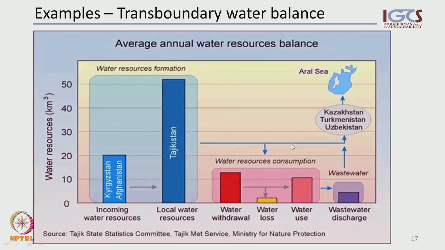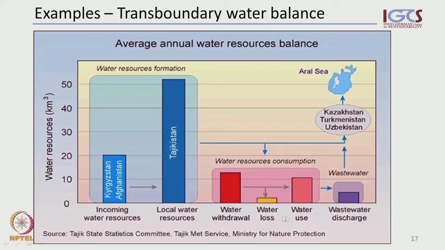Then we have this blue flow indicating that an amount of this water has been passed on across the border to another 3 countries and been used there, and eventually been discharged into the Aral Sea. And then within this country, there are different usages, consumptive usages of this water.